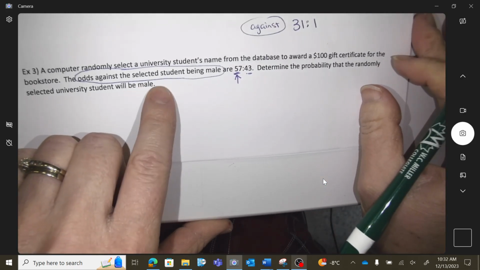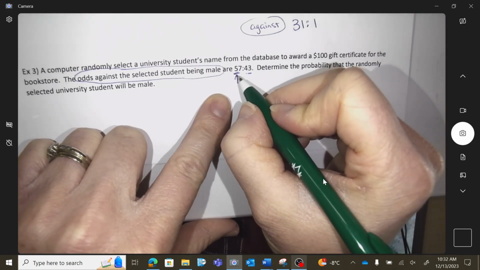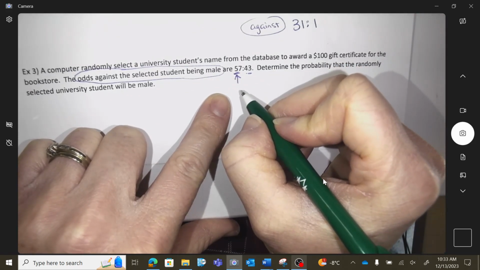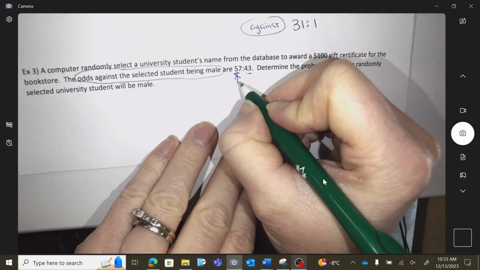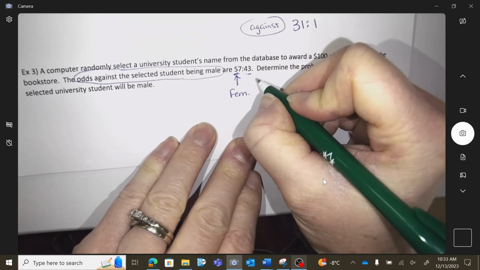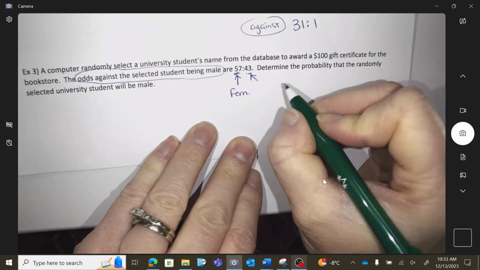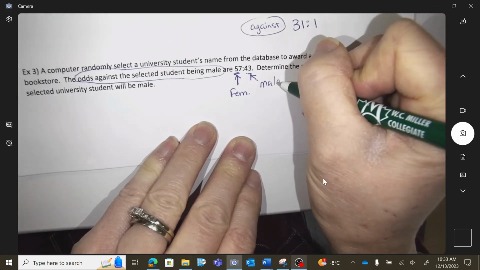The odds against them being male. So 57 of the people are what then? The odds against you being male? So they're not male. So they're female, which means the 43 are male.